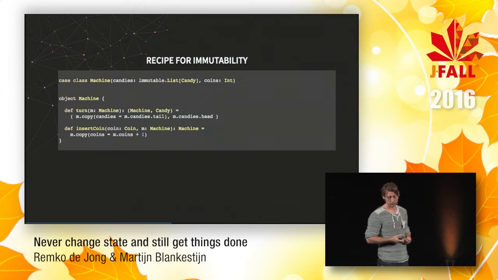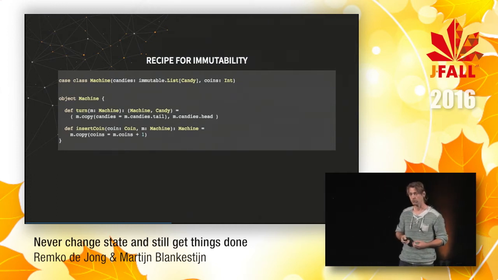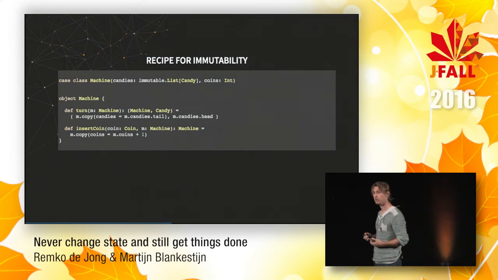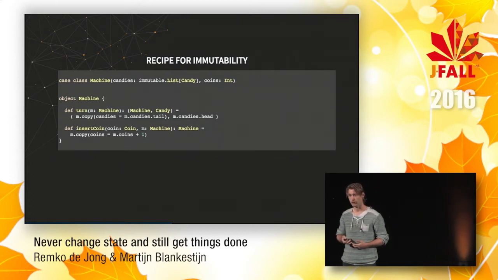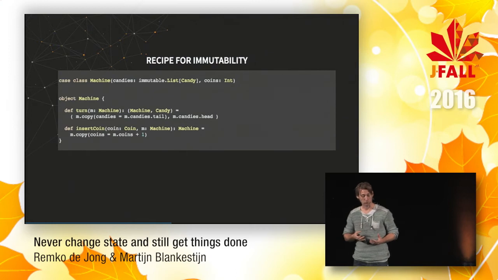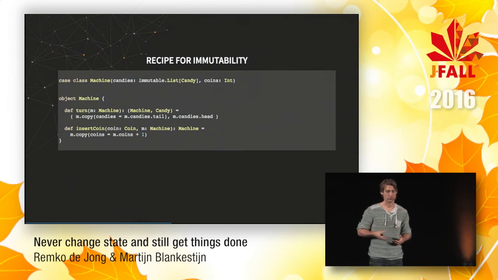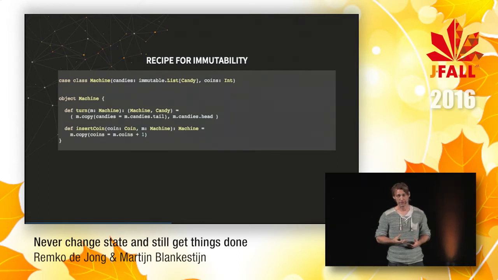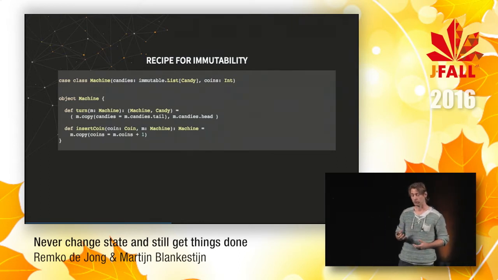So when we call the method, for example turn, we pass in the input state, in this case the old machine. Then we do some magic, and we produce as output not only the candy, but also the new state of the machine.